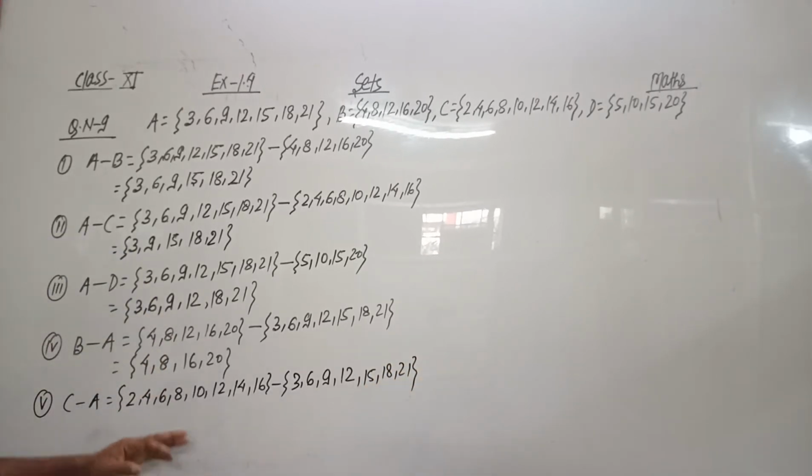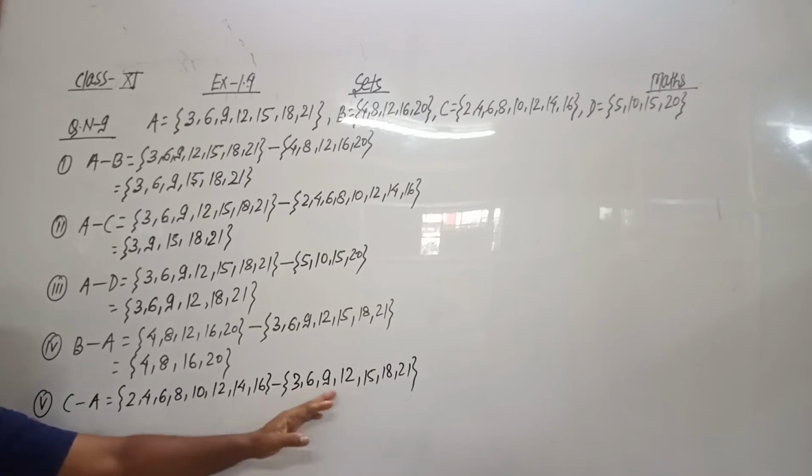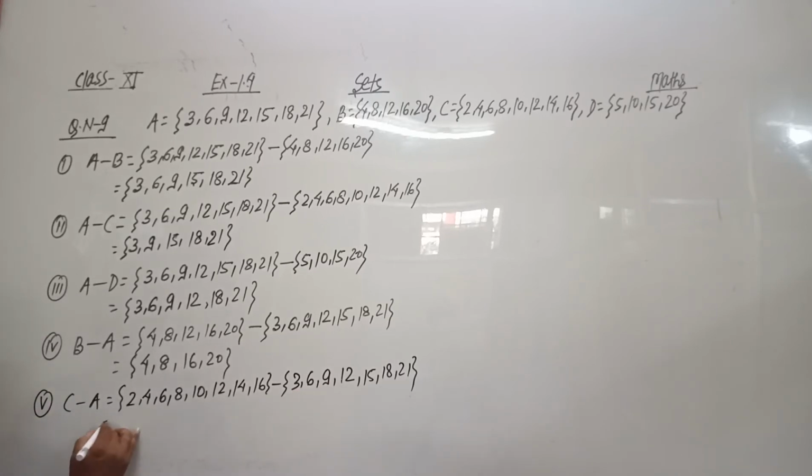So those elements of C which are not in A: it is 2, then 4, then 8, then 10, then 14 and then 16. Correct?